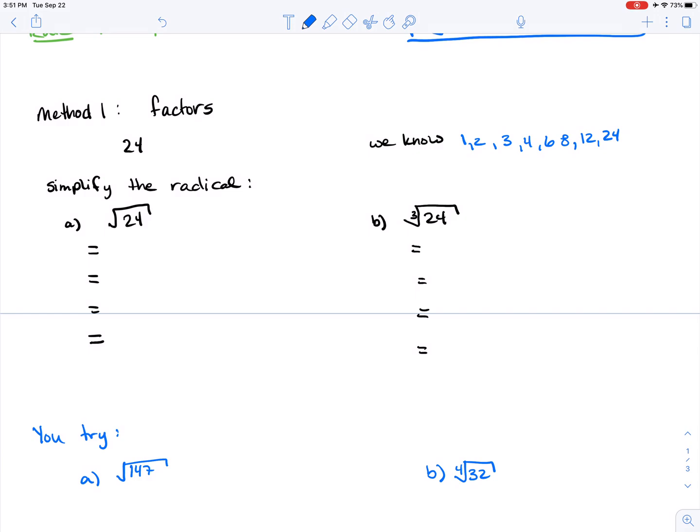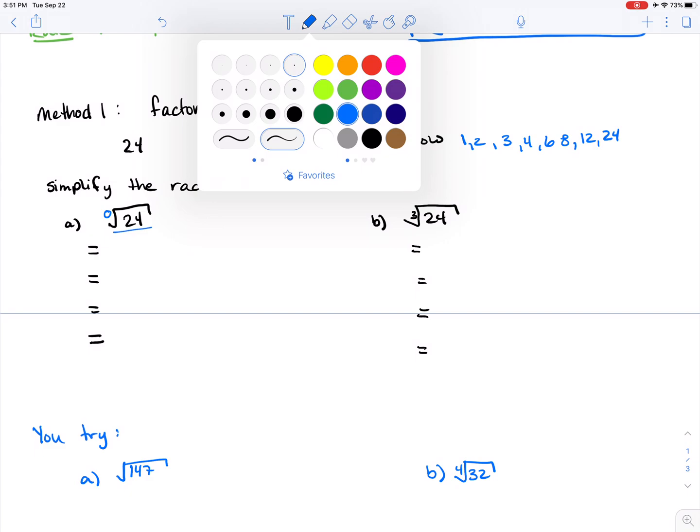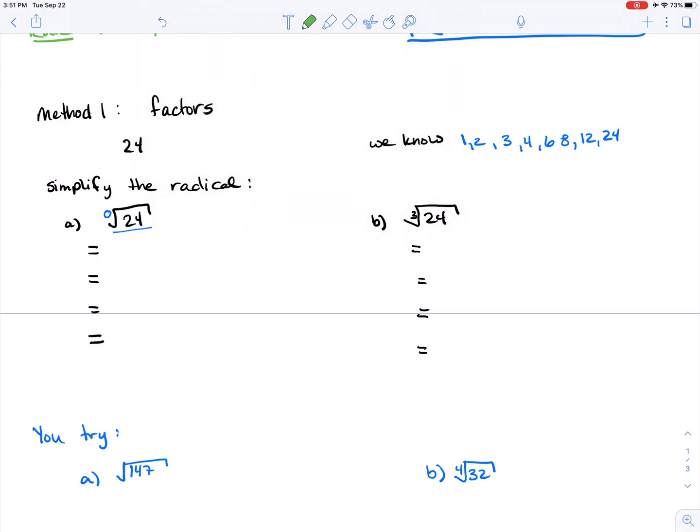Now, if we take the first example, the square root of 24, I know my index is 2. So that means out of my factors, I'm going to be looking for a factor that is a perfect square. Well, it happens to be 4. So I'm going to take the factor of 4, and it's multiplied by 6.